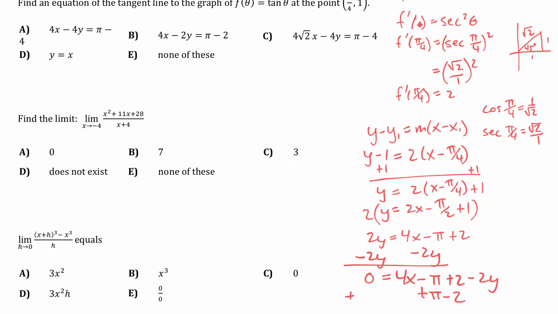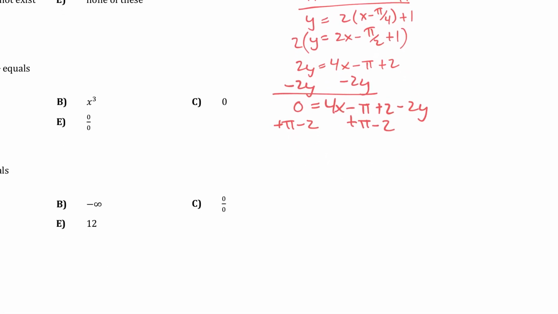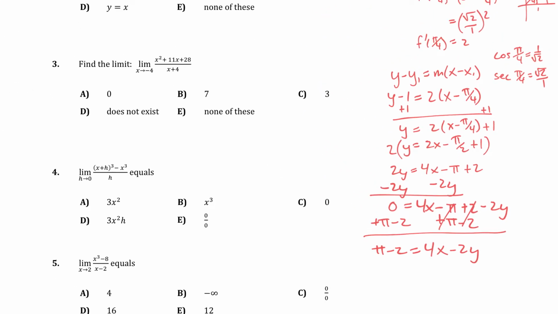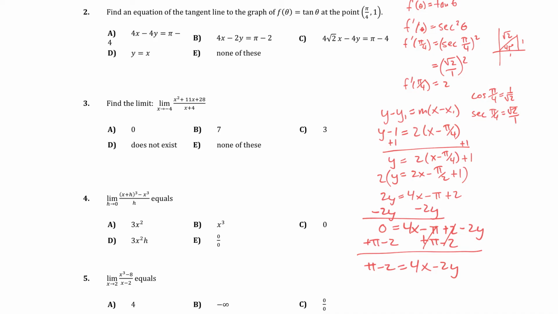So we would add pi and subtract 2. Whew, we need a lot of room for this one. And what we would have is pi minus 2 equals, these cancel, 4x minus 2y. And it looks like that option is B. So it looks like this right here is B.